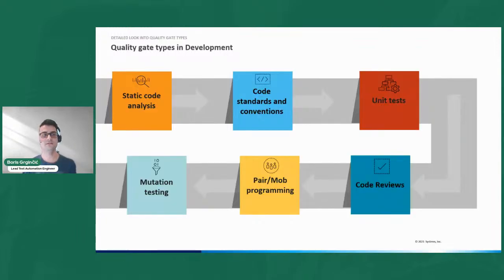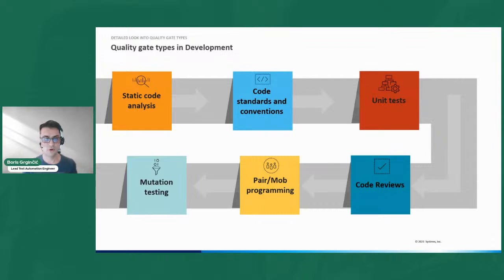So looking at the development, here are some of the usual quality gates that may appear. There may be some static code analysis. You might want to introduce some code standards and conventions, which is essentially, again, static code analysis, but we may visualize it here separately. Then we have unit tests.